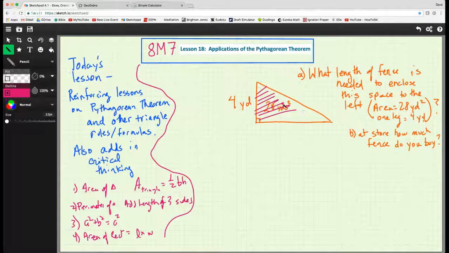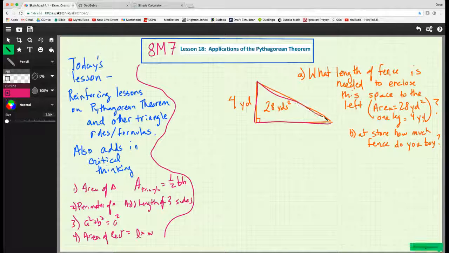It might be a garden. On one side, it's 4 yards long, and you don't know how long this other side is. The question is, how much fence is needed to enclose this space? So how much fence do you need to buy for this, plus this, plus this?